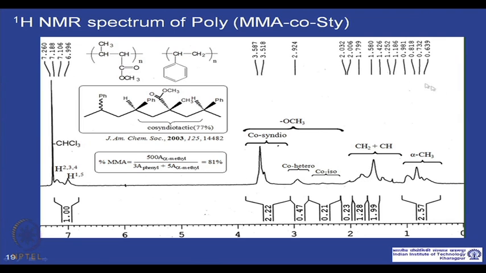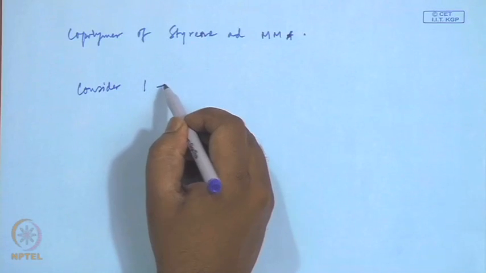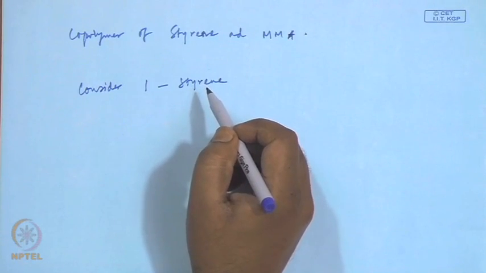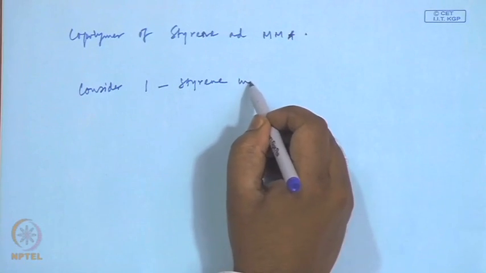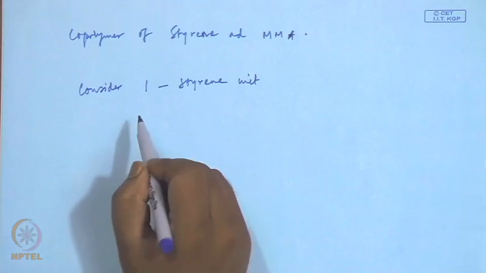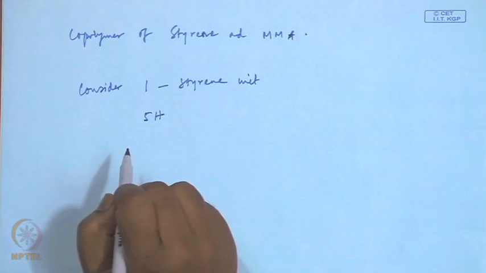So, what does this spectra help us with? This spectra can give us an idea about the composition. For example, if we talk about these 5 hydrogens, so if I just consider that you have one styrenic unit in the polymer backbone, it has 5 hydrogens.